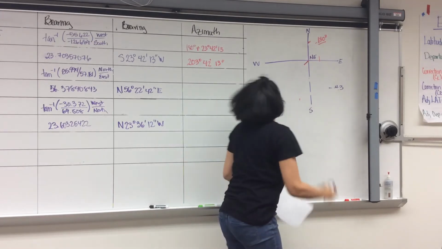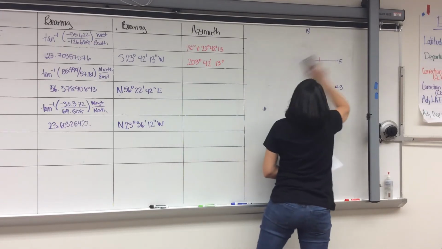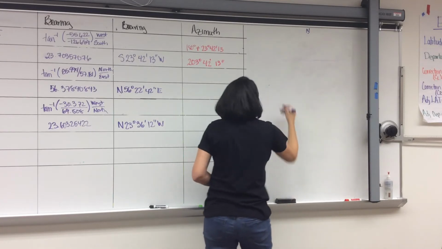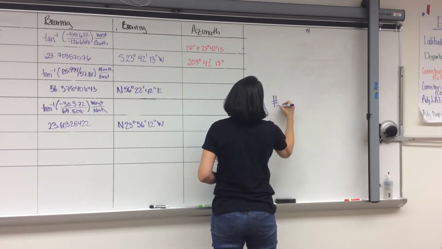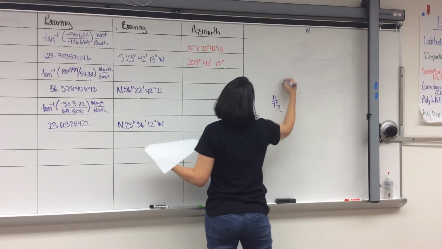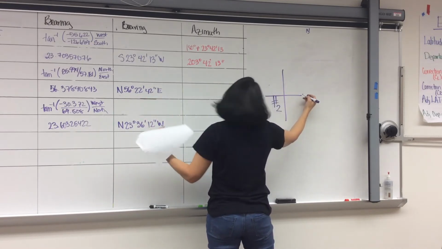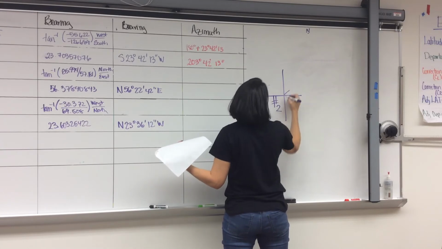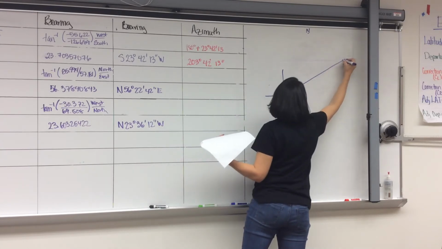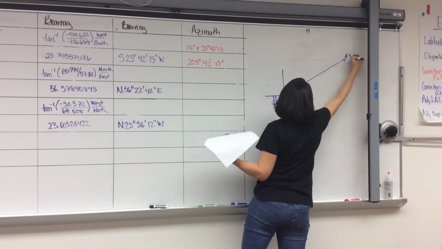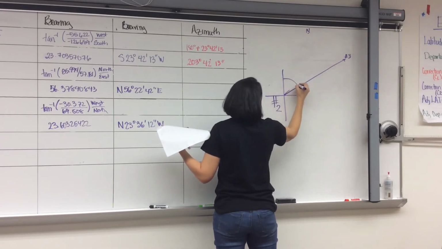I'm going from point 2, here is my axis, and it's 56 degrees, 22 minutes, 42 seconds. Here's point 3 over here.